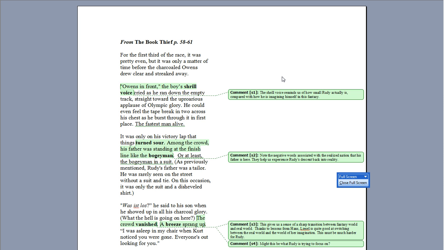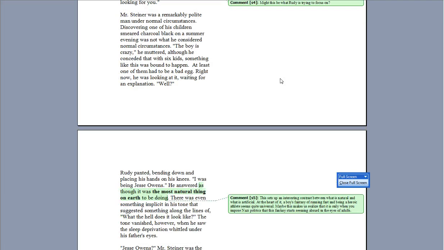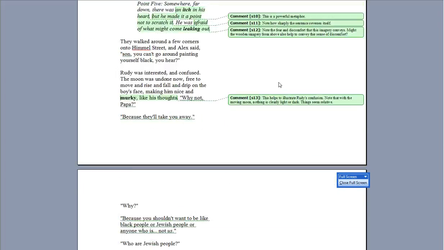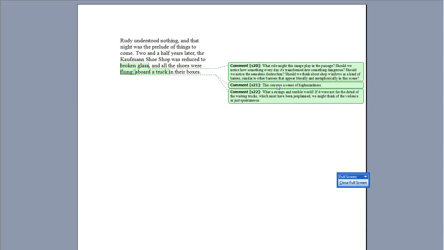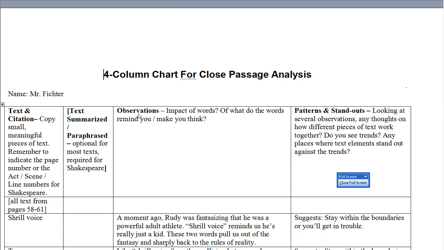So I read through my passage using my annotation look fors list. I've looked for things that jump out at me, and I've marked them and started to write down some thoughts. So for 4 pages, I have about 22 annotations, and I've also started to make this 4-column chart.